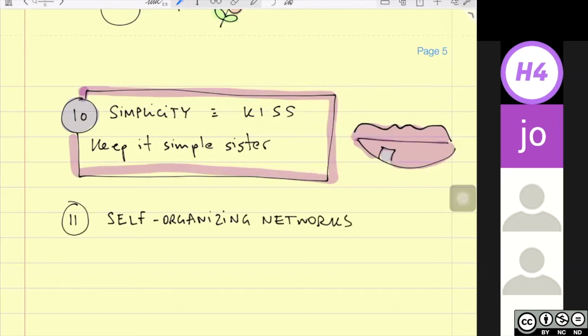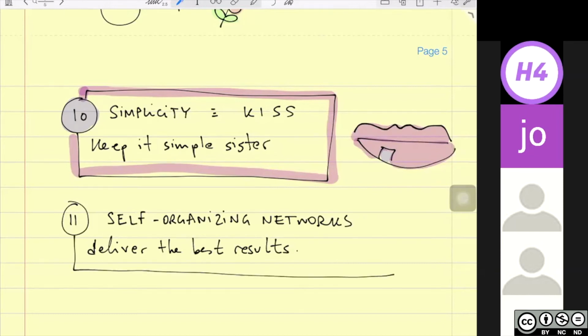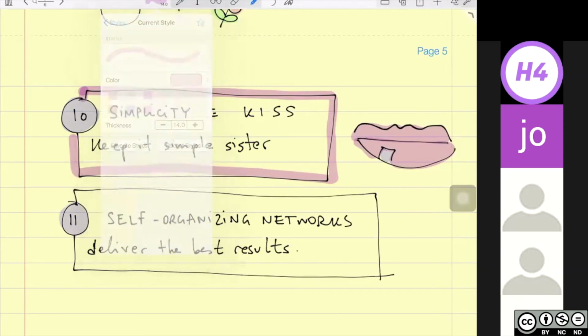Self-organizing networks, we have already delivered the best results. We know that already because we have seen the average path length of real networks, okay? And we know that they deliver better than other networks.